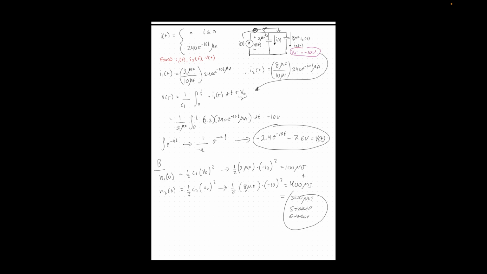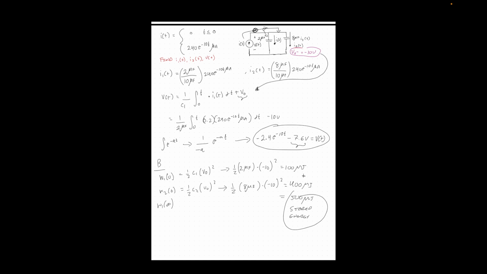So let's look at W1 of infinity. Now my infinity term is going to be this piece right here. And later on in another video, we can take a look at why we're choosing this to be the infinity. It comes out of the step and natural response section that we're going to be learning. So for now, let's take this 7.6 to be the infinity value.